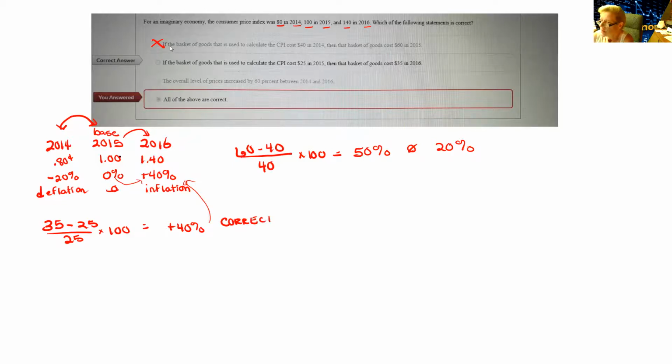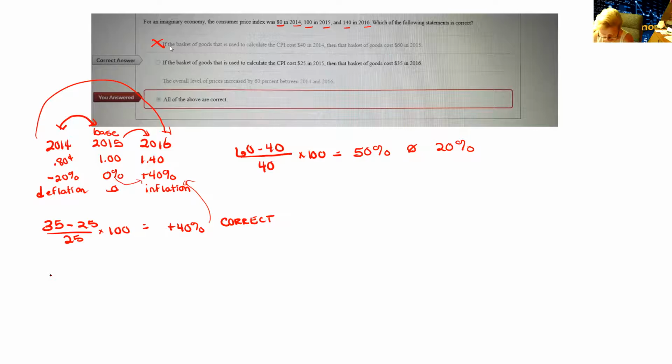I want to show you why the third one is incorrect as well. It says the overall level of prices increased by 60% between 2014 and 2016. If you just thought of trying to use basis points here, you get the incorrect answer. You'd think that was correct, but it's not.